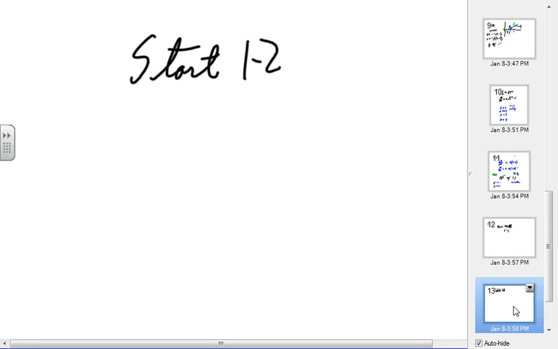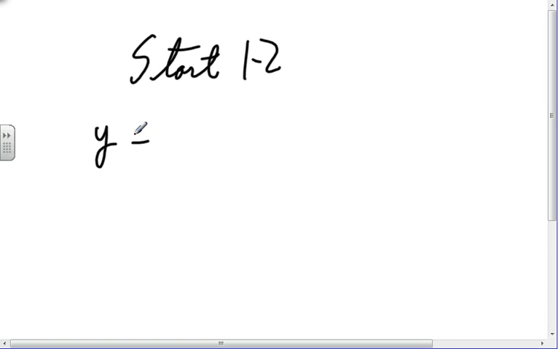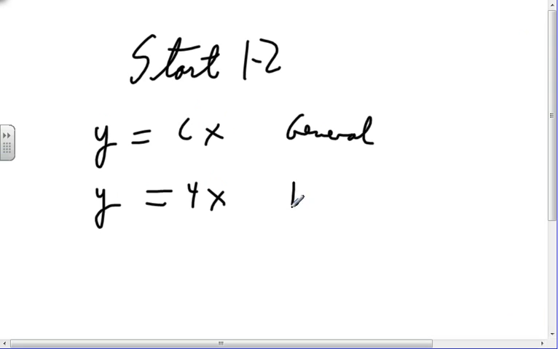So I have a general solution and I have a particular solution. This is English. So a general solution, y is equal to cx. A particular solution, y is equal to 4x. So this is general, this is particular, if I could spell particular.